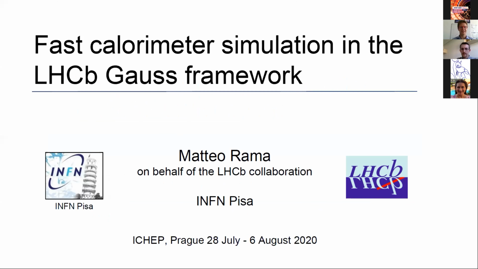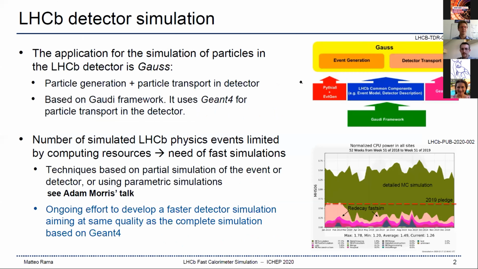Okay, so I will present the ongoing effort to develop a fast simulation of the LHCb calorimeter at the hit level. The application for the simulation of the particles in the LHCb detector is called Gauss, and it takes care of both the particle generation and the particle transportation in the detector.